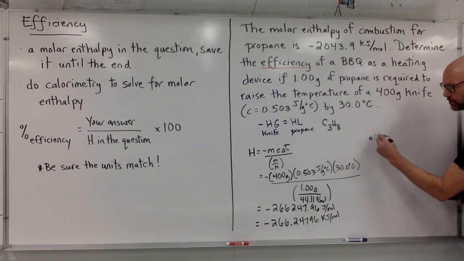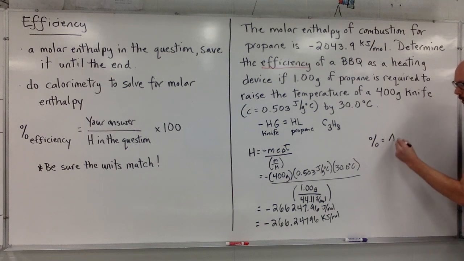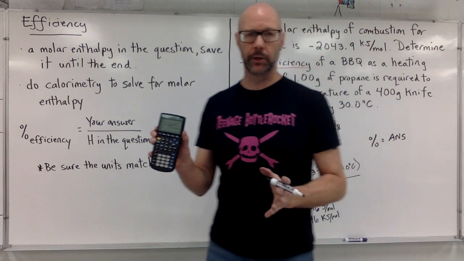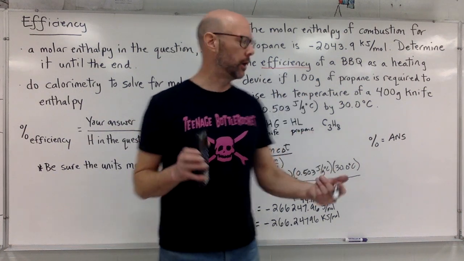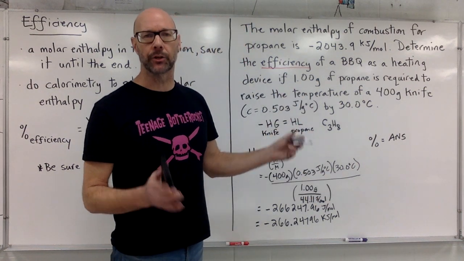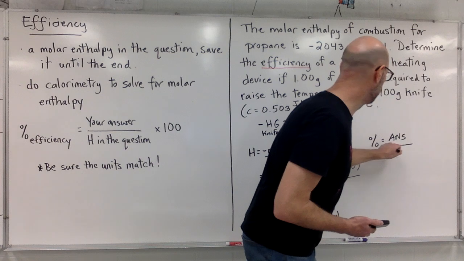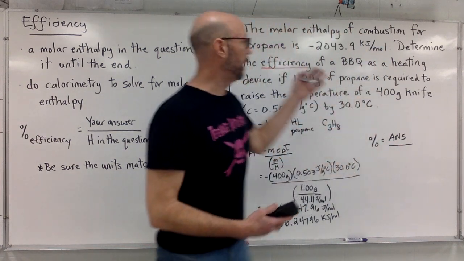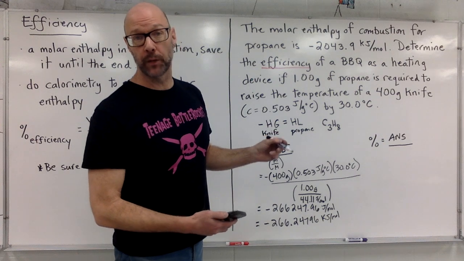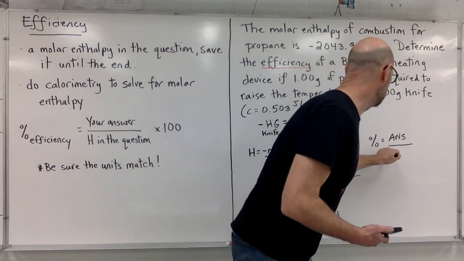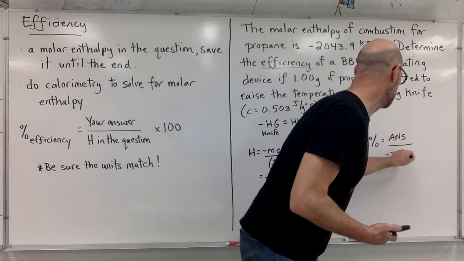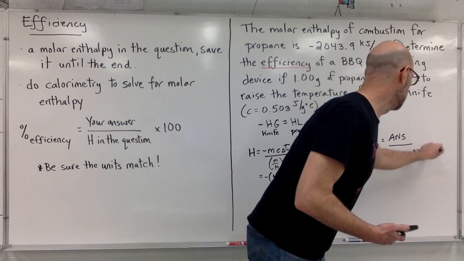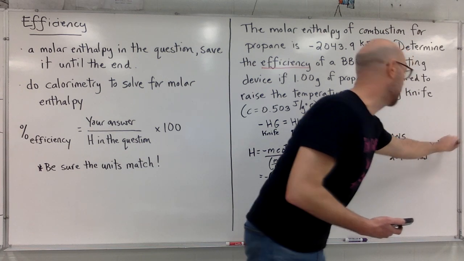So the percent is going to equal our answer. It's still just sitting on my calculator screen. I'm not going to rewrite it all out. I'm just going to say my answer, divided by the molar enthalpy that was in the question, this number way up here, negative 2,043.9 kilojoules per mole, and I'm going to multiply it by 100.